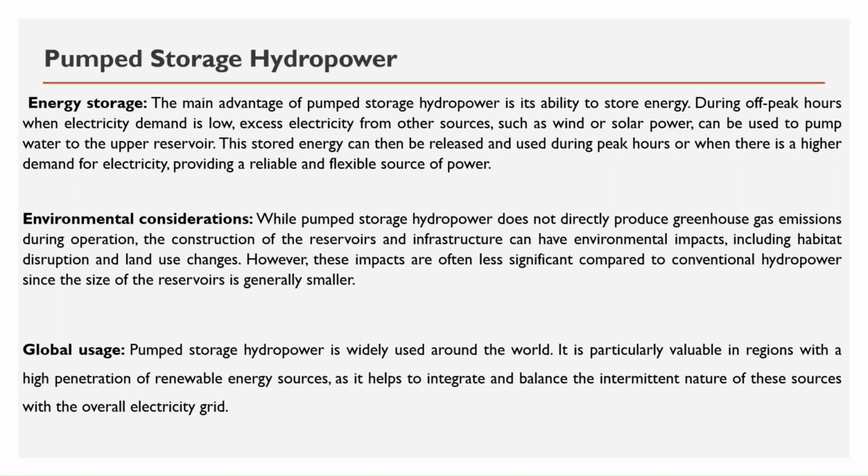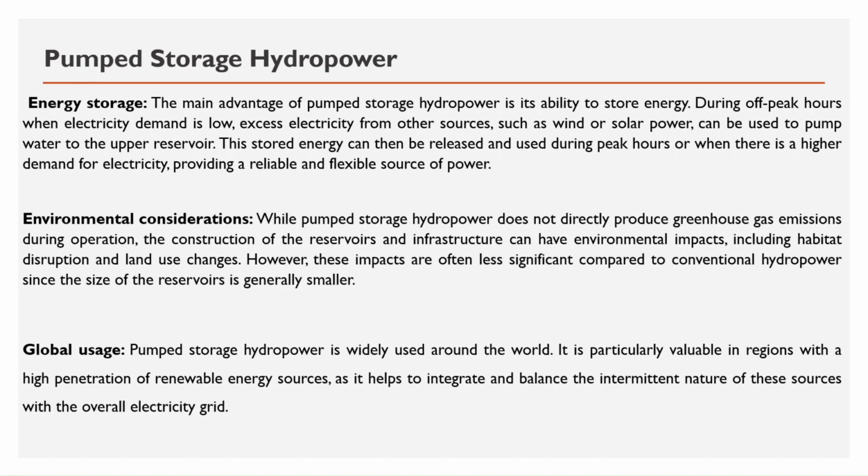Environmental considerations. While pumped storage hydropower does not directly produce greenhouse gas emissions during operation, the construction of the reservoir and infrastructure can have environmental impacts including habitat disruption and land use changes. However, these impacts are often less significant compared to conventional hydropower since the size of the reservoir is generally smaller.